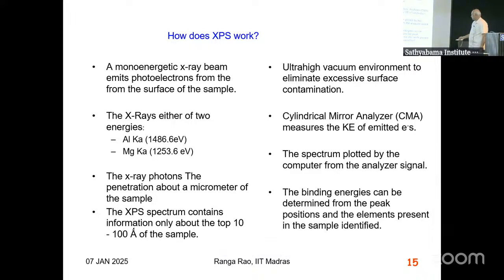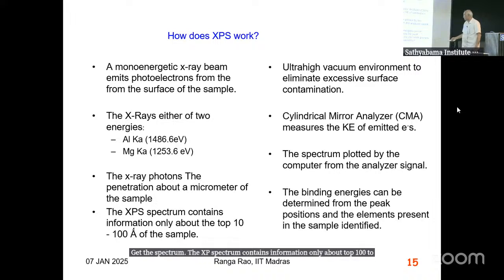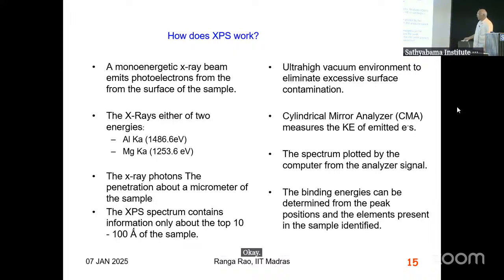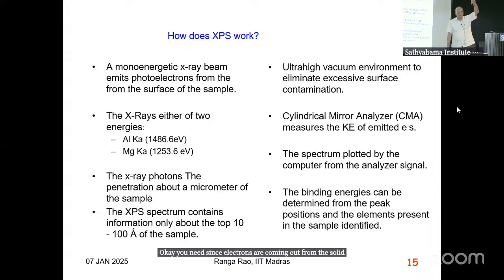So an XPS spectrum contains information only about the top 10 to 100 angstroms. With X-rays it is 100 angstroms. With ultraviolet photoelectron spectroscopy, you get only 10 angstroms of information. Since electrons are coming out from the solid, they have a certain kinetic energy.